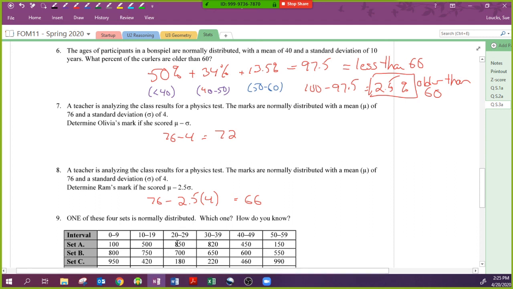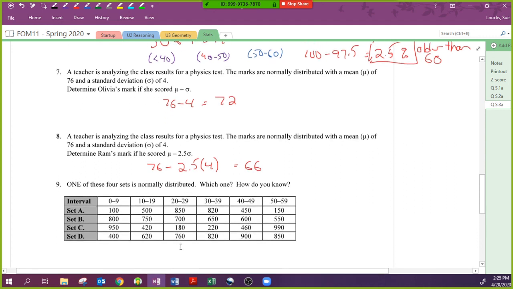One of these sets is normally distributed. Which one? If we look at these, A is the answer, but I'm going to start with B. So B starts off big and continuously gets smaller, so that doesn't look like a normal distribution curve. C starts high and goes down.